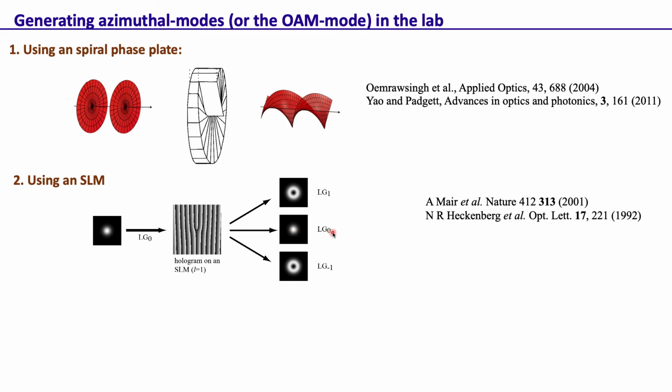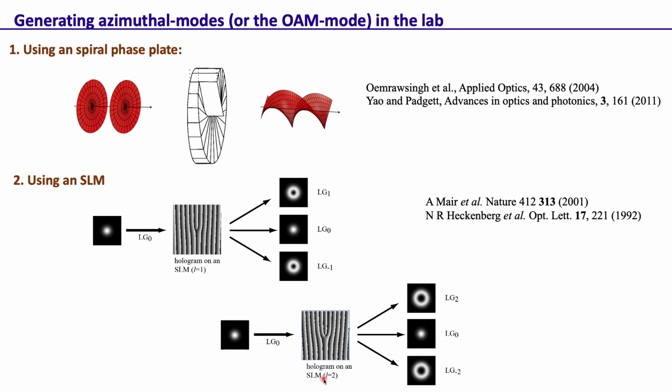The 0th order diffraction remains the same as the original beam, but in the first order diffraction, we see that this L equal to 0 mode gets converted to L equal to 1. And if you put a different hologram, let's say corresponding to L equal to 2, then again in the first order, this L equal to 0 mode changes into L equal to 2. So this is one way of generating these L modes, and that's another way of generating these L modes.